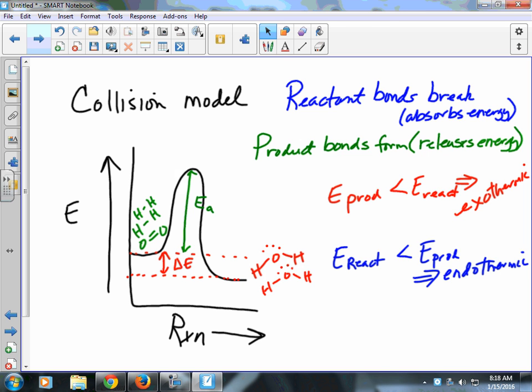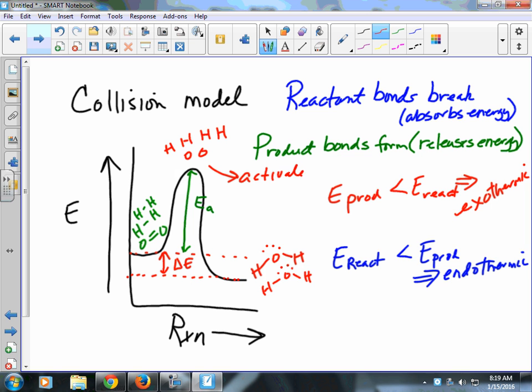And it's not always isolated atoms, and we'll look at the graph in the book to see that. It could be molecule fragments, but I'm just making a very simple model here. This stuff is called activated complex, or transition state. It means the same thing. All right, I'm going to erase this stuff.